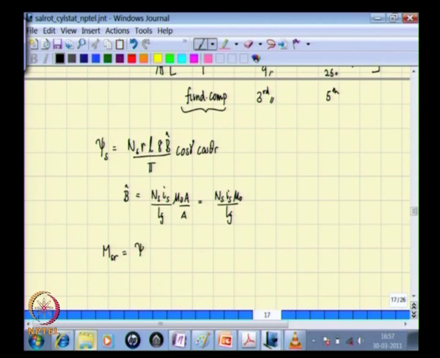is then given by psi s divided by is, which is nothing but ns, this is not ns but nr, because the excitation is on the rotor. So, you have nr. So, ns into nr into r into L into 8 by pi multiplied by b hat.